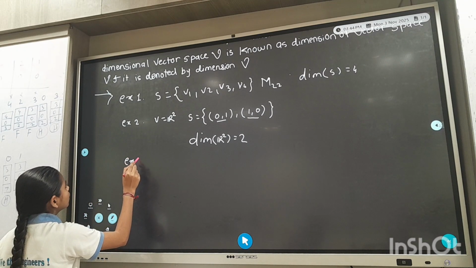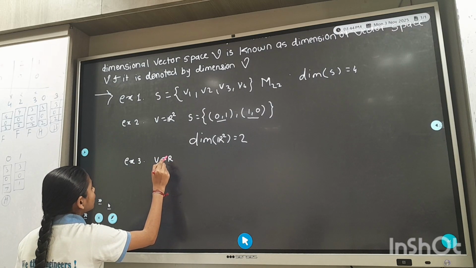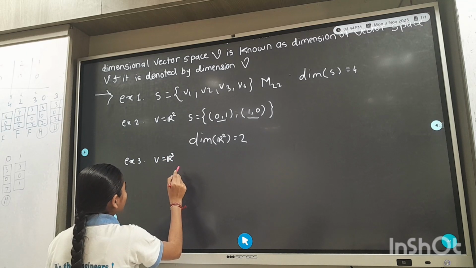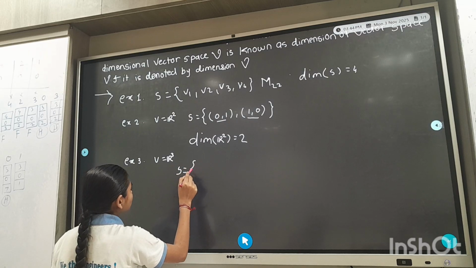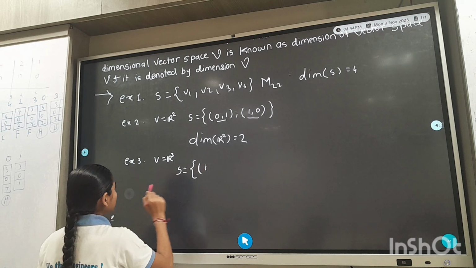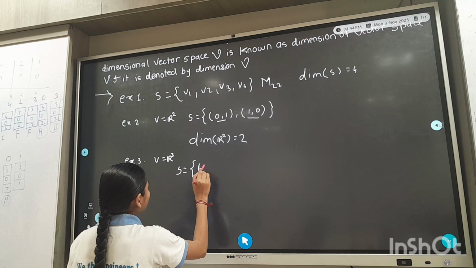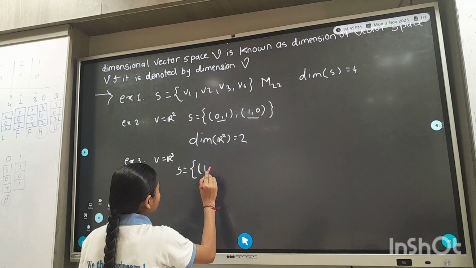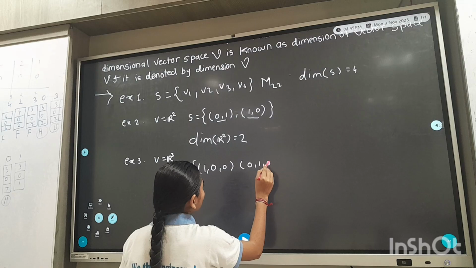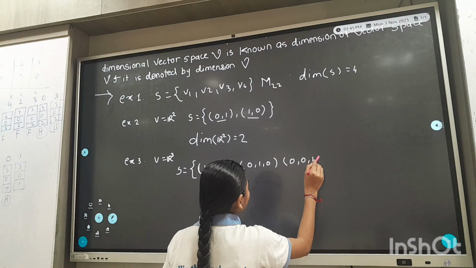Example 3. V equals R cube. Let's see the elements of R cube as S equals (1, 0, 0), (0, 1, 0), and (0, 0, 1).